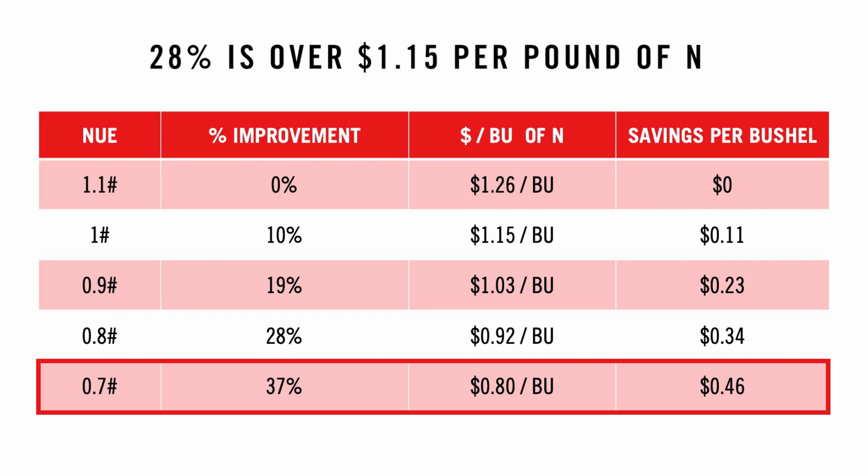In return, that saves you 46 cents on every bushel. So if you can move from a 1.1 guy to a 0.7 guy on the nitrogen use efficiency, that's like a 46-cent premium on every bushel that you sell. That's where the power of banding, the power of timing, and placement of a 360 Y-drop system comes home.